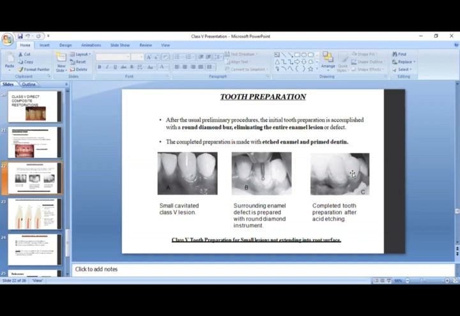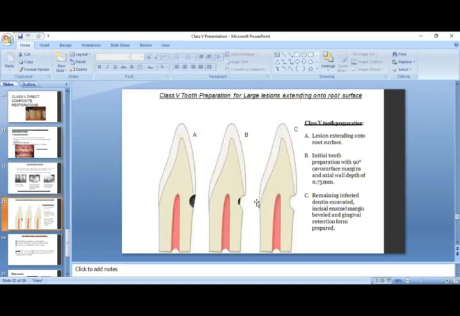After the removal of the carious region, for the composite restorations, we start with the etching process. This is the class 5 caries lesion, extending into the root surfaces. The cavosurface margin should be 90 degrees and the axial depth should be 0.75 millimeter.